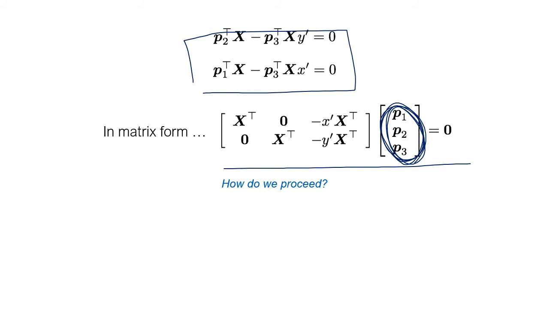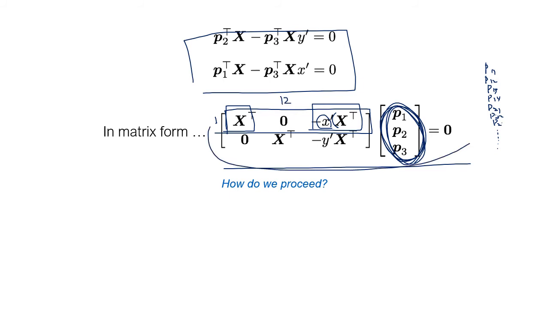So this is P11, P12, P13, P14, P21, P22, up to P34. As you can see, it is a 12 by 1 vector. This is the 3D point, and this is the 3D point multiplied by the image coordinates. Also, each row is a 1 by 12 row vector. So for each point, we have 2 equations, right?